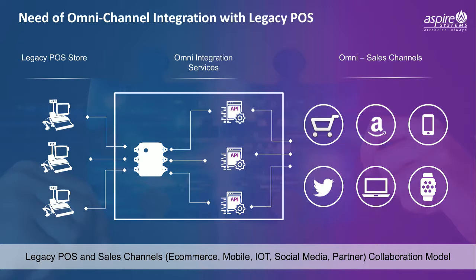On the other side, the modern digital devices and technologies, the cloud, and sales channels like e-commerce, marketplace, mobility, IoT devices, or even social media selling are all going on the web at high speed. They are all advanced technologies which can collaborate with any systems. So there is a gap between the technology we have in the store and what we have in the field. How do we bridge that gap?